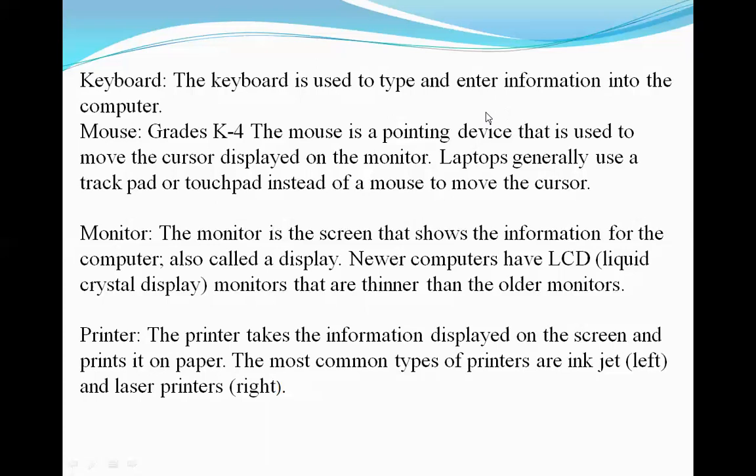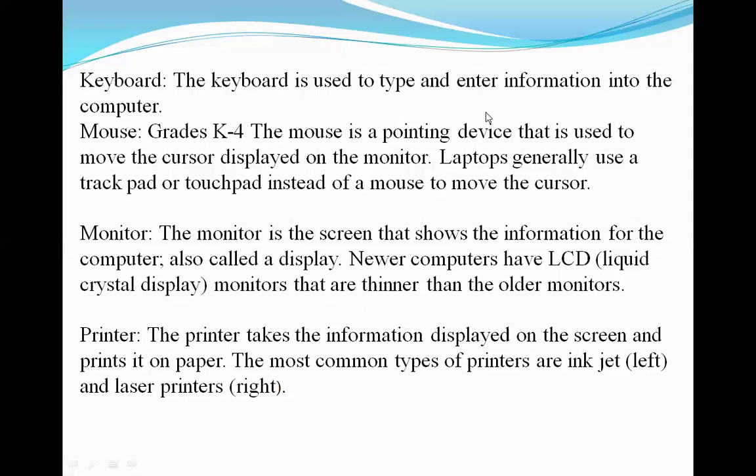Next is monitor. The monitor is the screen that shows the information from the computer, also called a display. Newer computers have LCD (liquid crystal display) monitors that are thinner than the older monitors. What are the functions of the monitor of a computer?